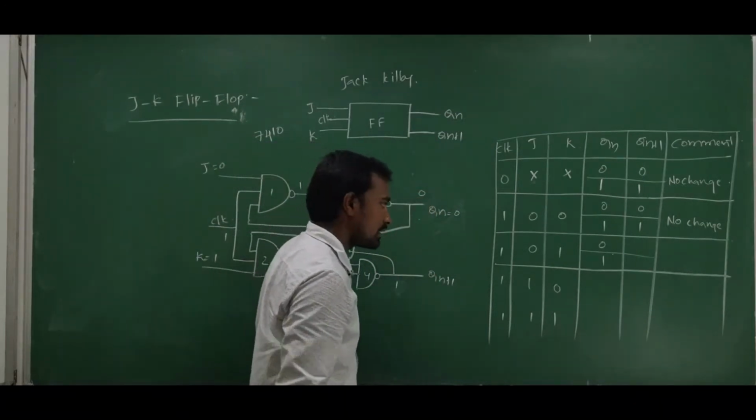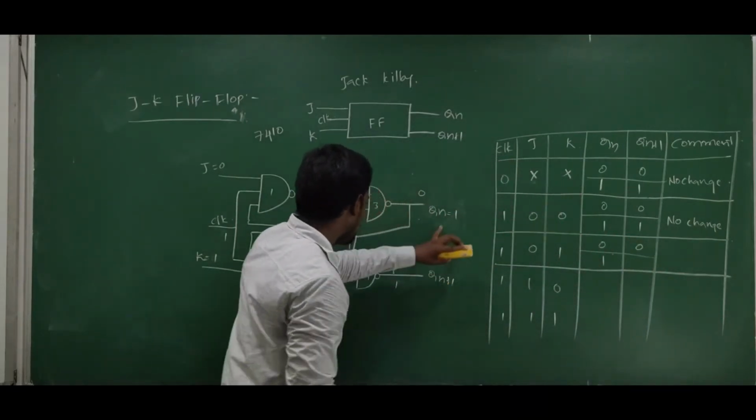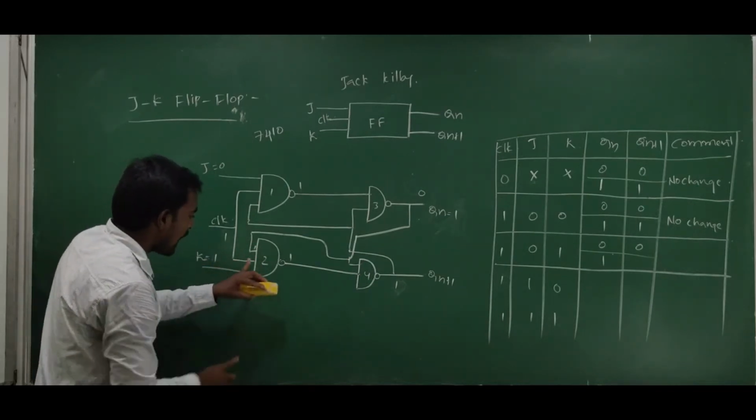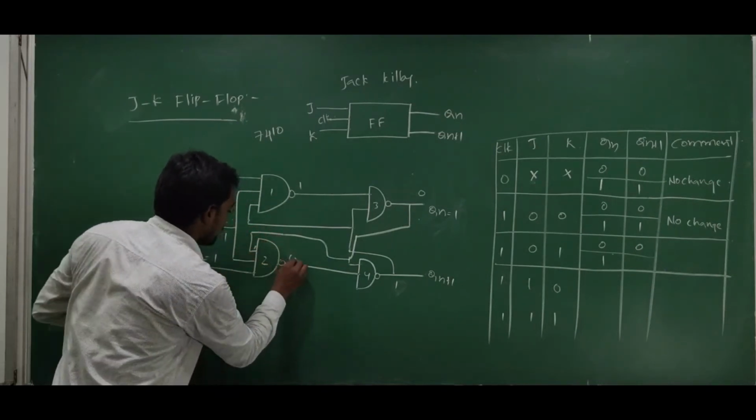So here output is equal to 0, and if Qn is equal to 1, that 1 is applied here, all the inputs are active high, and complement output is equal to 0 here.